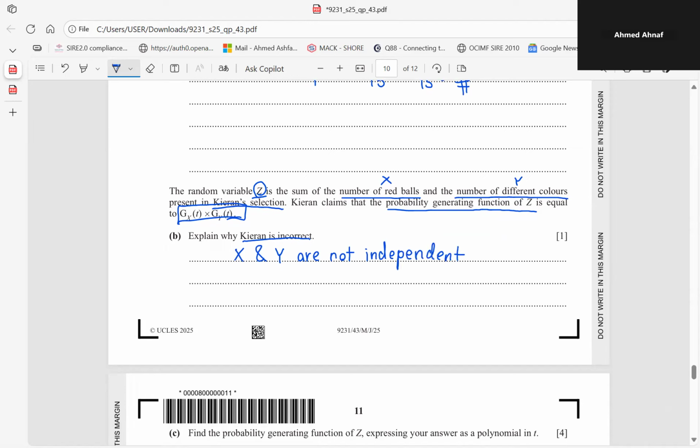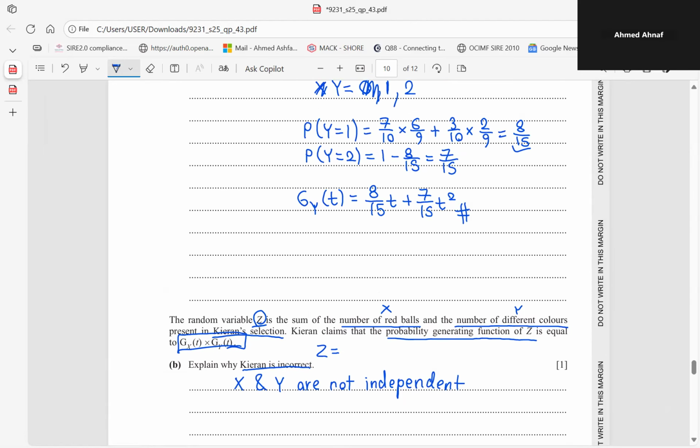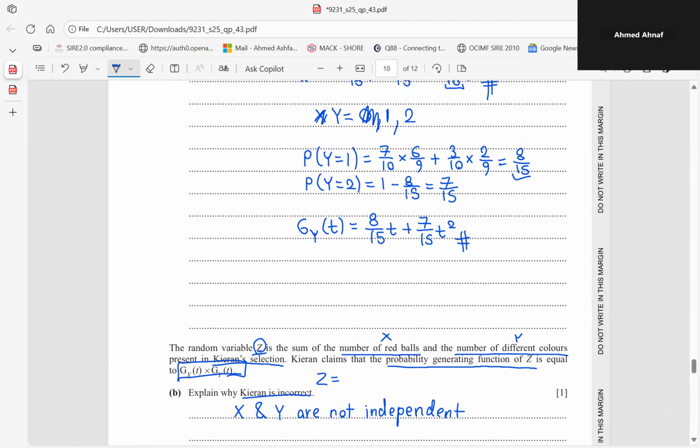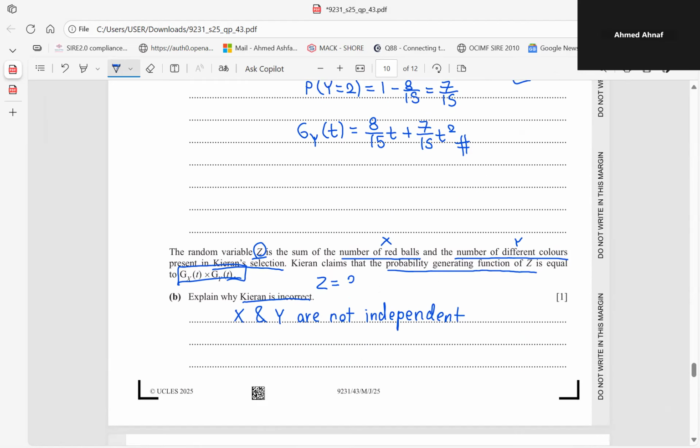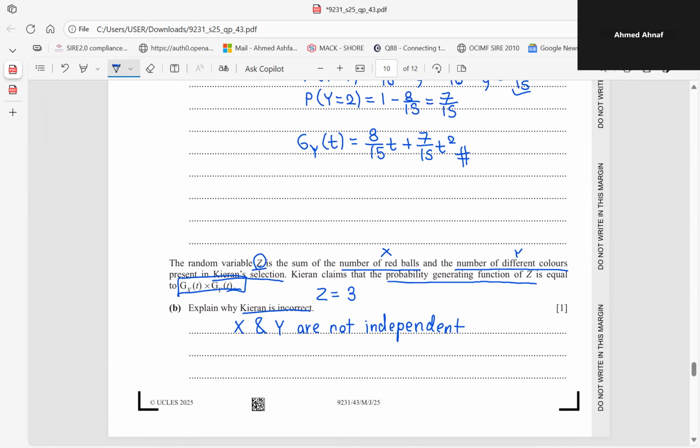Okay, so let's take the values of Z, the sum of the number of red balls and the number of different colors. You can have 2 red balls and 1 different color, so that's 3.